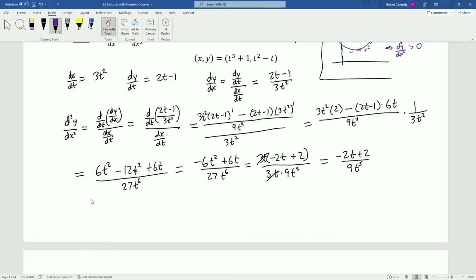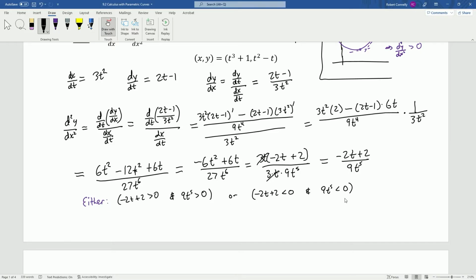So either negative 2t plus 2 is positive and 9t to the 5th is positive, or negative 2t plus 2 is negative and 9t to the 5th is negative. So these are a little bit different, right?